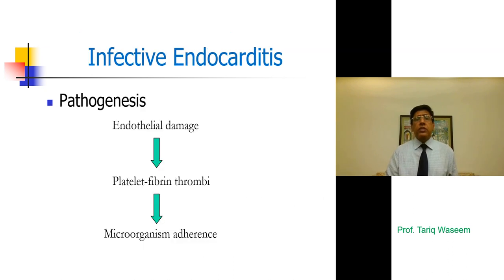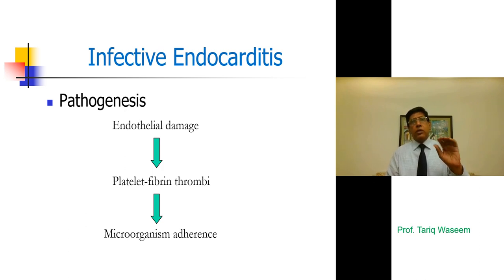Now this then leads to endothelial damage, and these bacteria then initiate an inflammatory process. Platelet and fibrin thrombi are formed, and microorganisms adhere to that, and they keep on forming layer after layer of microorganisms plus platelet and fibrin.